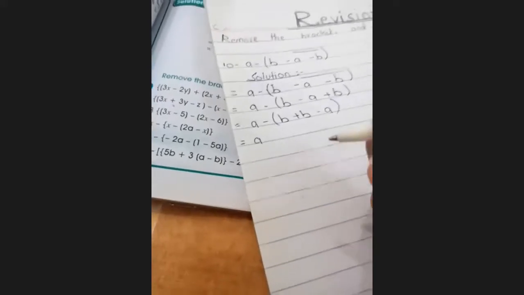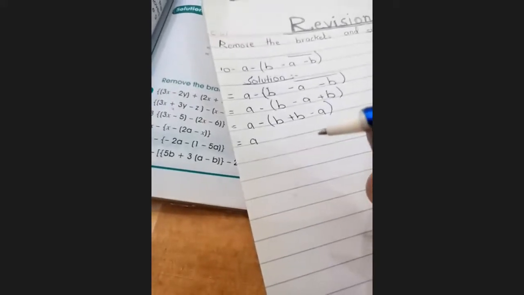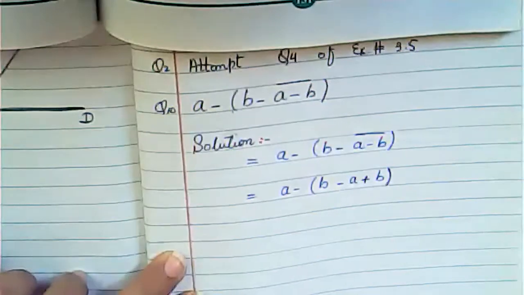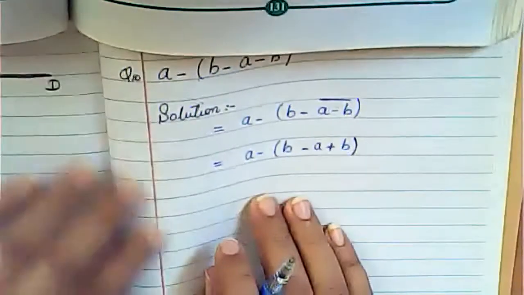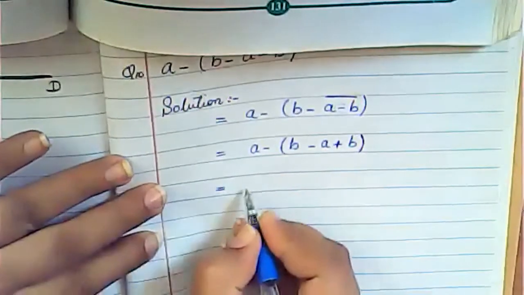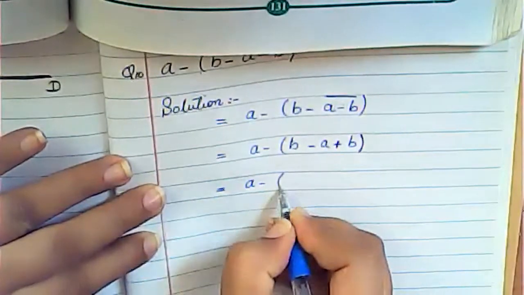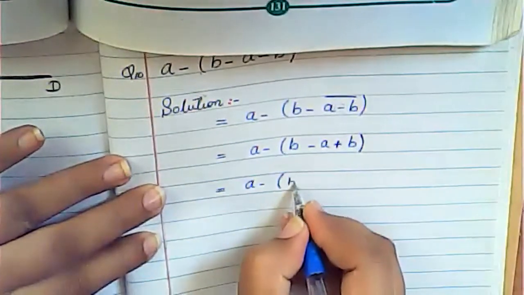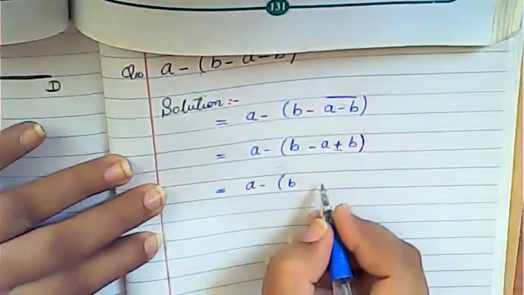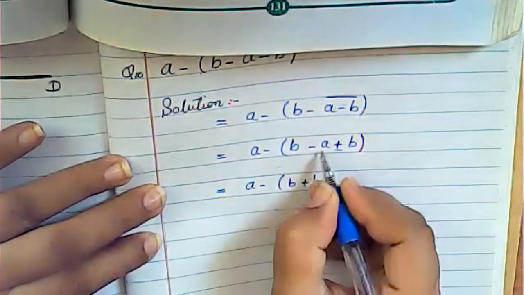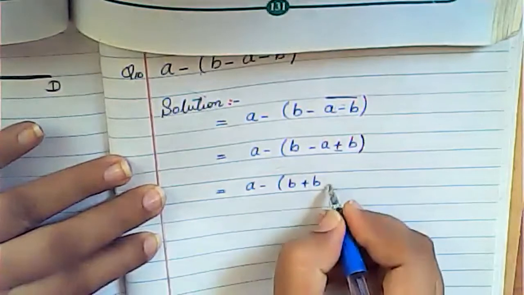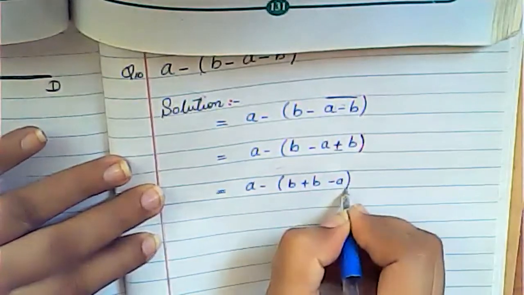Now look here, what you will do. In the next step, you are going to arrange it: A minus bracket B and B. You will write them together. It has a plus sign, so you will write B plus B, and this is minus A, so you will write minus A, bracket close.